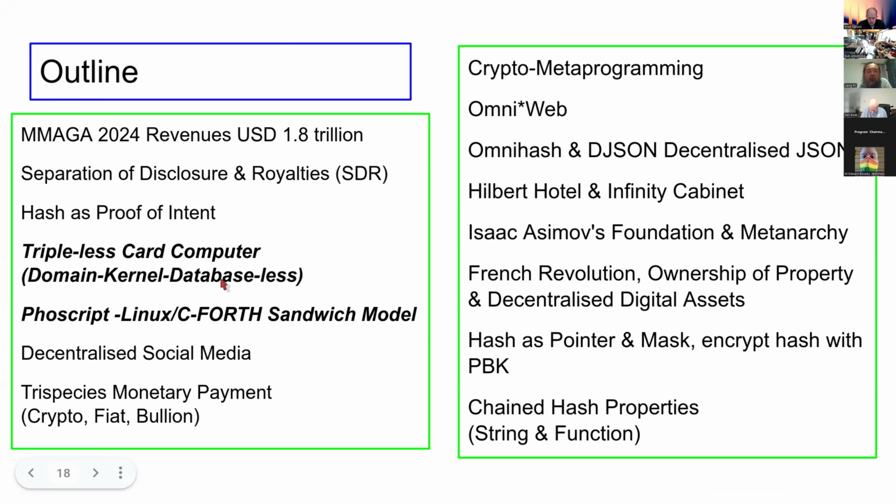Now, if we can achieve this, then we will have something very powerful because, as we all know, Forth is basically a kernelless system, and the domain part is actually from another technology called the Invisible Internet Project.